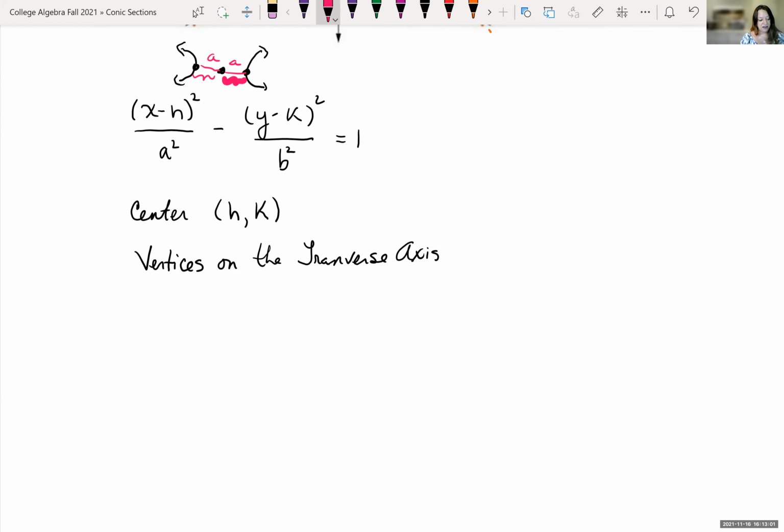My graph is a little off. That should be horizontal. If that's horizontal, then from the center we're going over a to the left and over a to the right. That's affecting the x value of the center, so we're adding a and subtracting a from the x value. Here we would have (h plus a, k) and (h minus a, k).